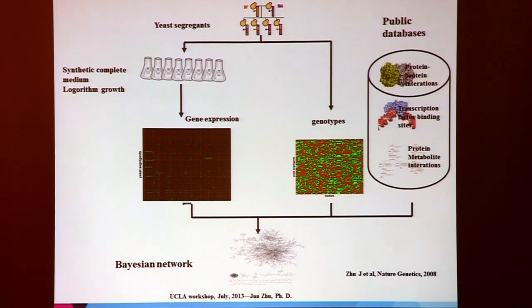Then we can test to see whether this holds. There are already some yeast data, and one good thing is that we have not only gene expression and genotype data, but the public information, all these protein interactions and transcription factors, is well annotated and well characterized in yeast, so we can use this as a prior.